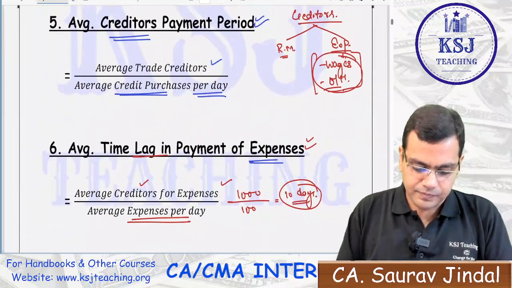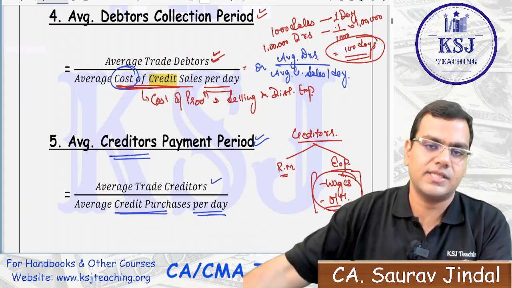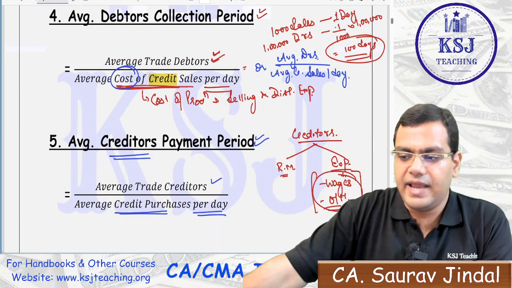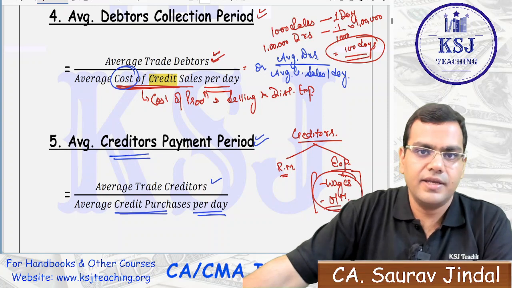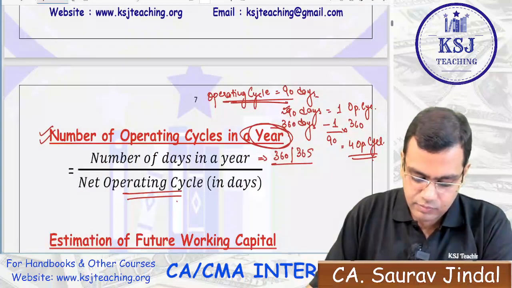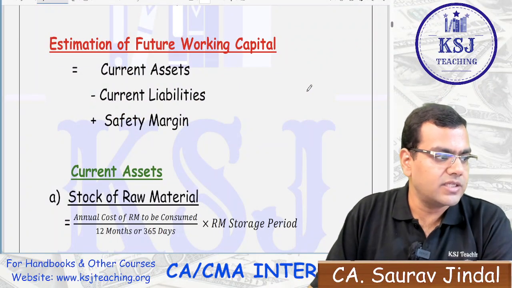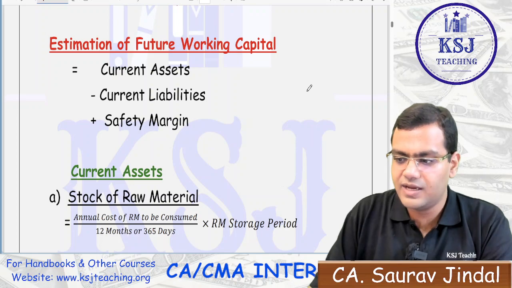Clear? So this is regarding all the components of the operating cycle. We'll end this particular part here. In the next part, we'll be moving on to the estimation of working capital, which is very, very interesting.